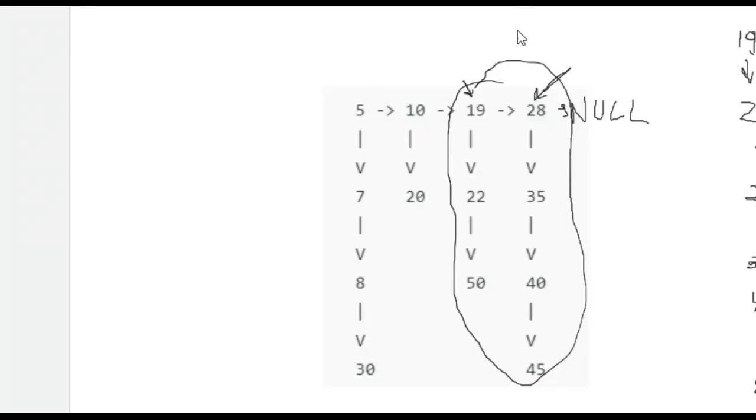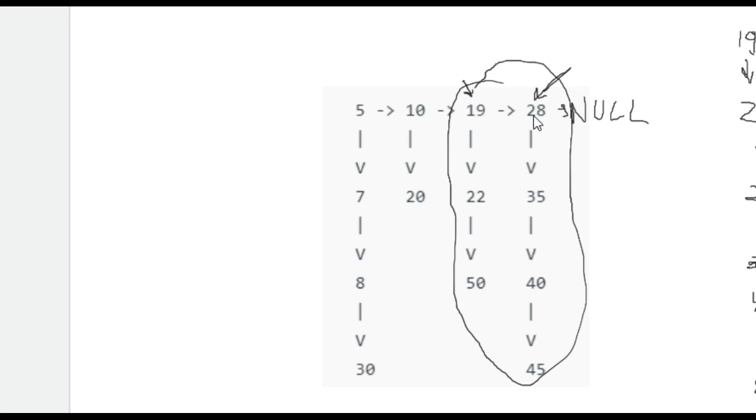As shown in the diagram here, 19 and 28 will be compared. If 19 is lesser, then we will compare this section with this section, or I simply say the 22 node with the 28 node. If 22 is lesser, then we will compare 50 with 28.